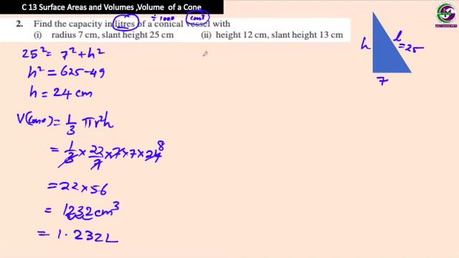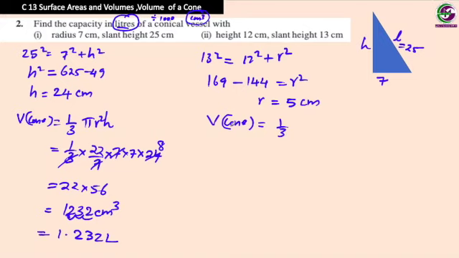Similarly, we can find the height from the second part. So we can say 13 square is equal to 12 square plus radius square, which is missing here. So 169 minus 144 is equal to r square. r square is 25. So r is 5 centimeters.